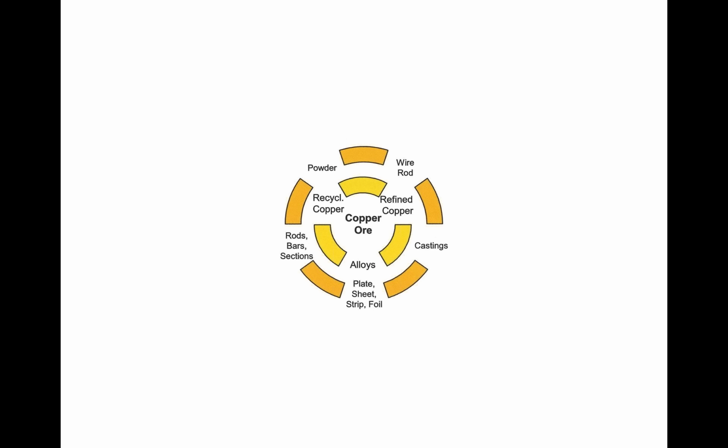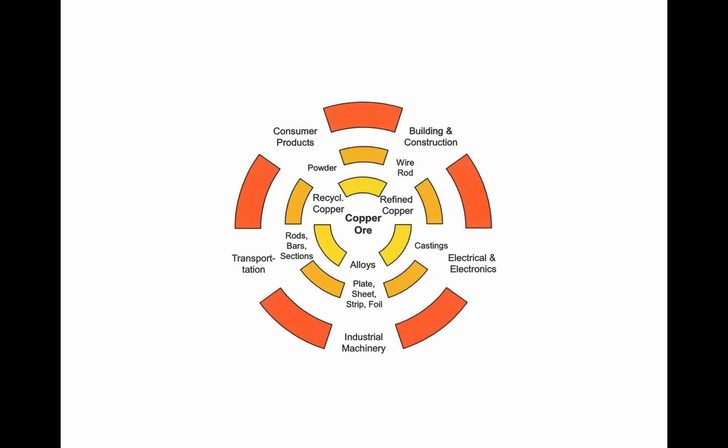What do we do with that? We make plate, sheet, strip, and foil. We can use these for castings. We wire rod. We can end up with powder, rod, bar, and sections. Where do these go into? They go into transportation, consumer products, building and construction, electrical and electronics markets, and industrial machinery.